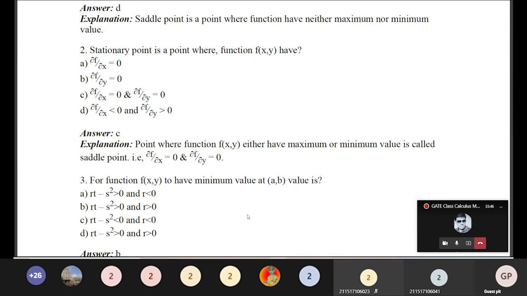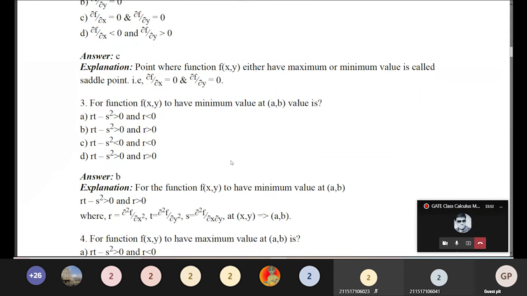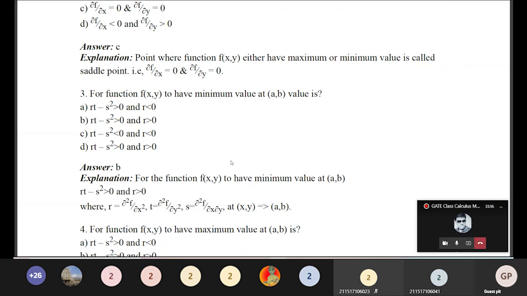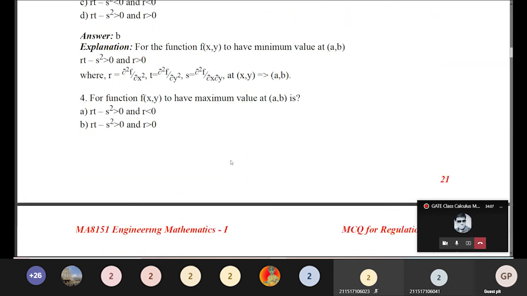These are all definitions you should go through. And then for a function f to have a minimum value at a comma b, the condition is again a definition. These are all given in your first year engineering mathematics material. Please go through this. We will discuss some problems.